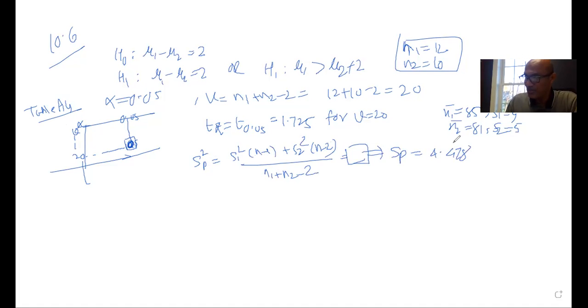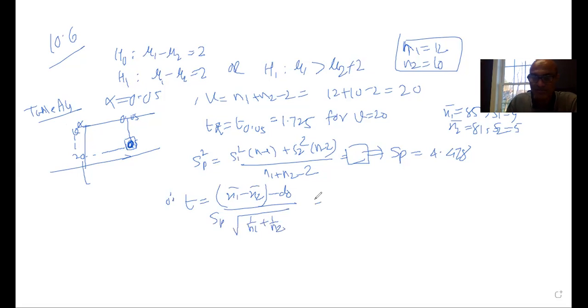Why do I need the SP value? Because my T distribution is nothing but X1 bar minus X2 bar minus D0, divided by SP times the square root of 1 over N1 plus 1 over N2. Write this SP separately, don't mix up the things, okay?